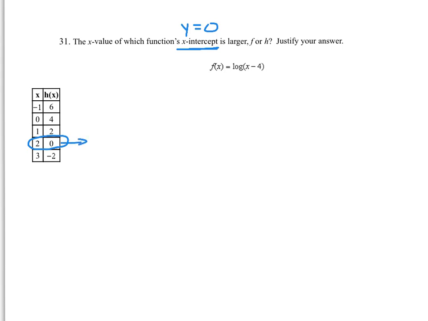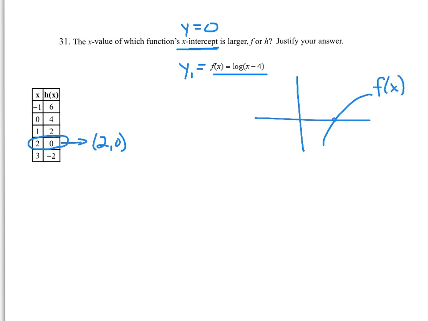So the x-intercept here is (2, 0). All right, so now I need to look at f of x. Well, I can plug that into my y1, can't I? And I can get a picture of what that looks like. And when I do that, that's what I'm going to get.